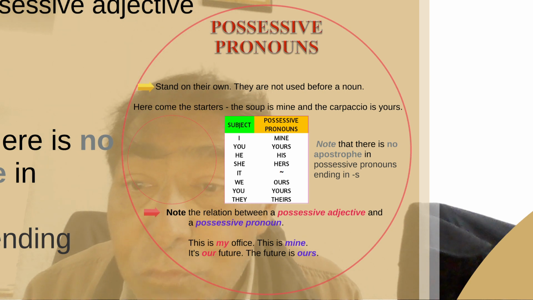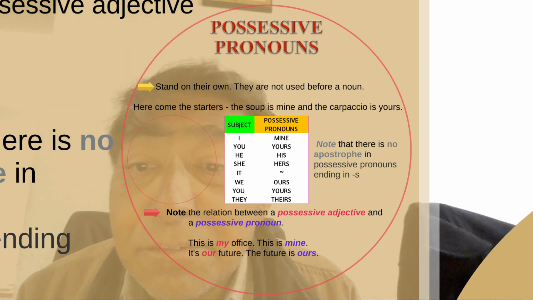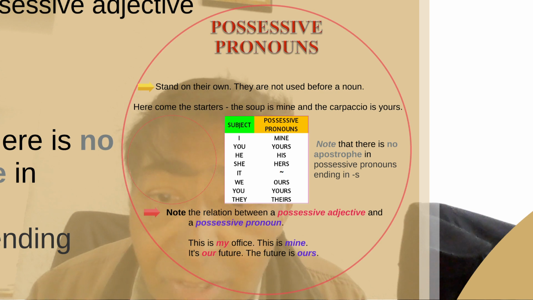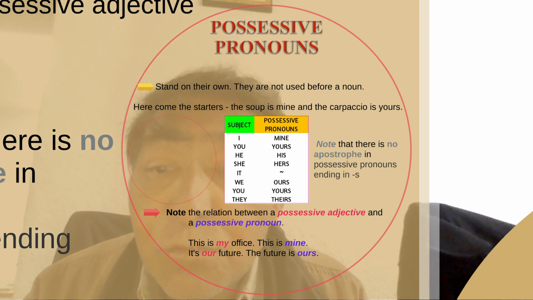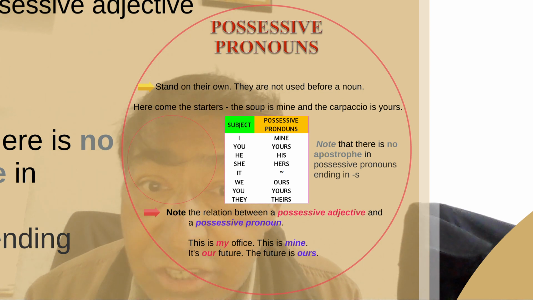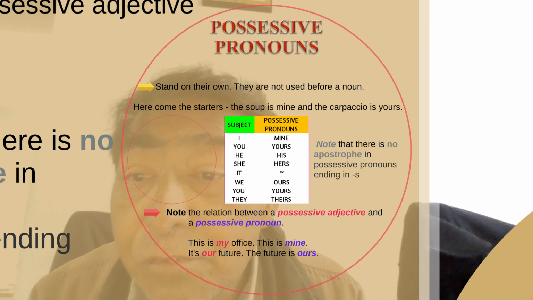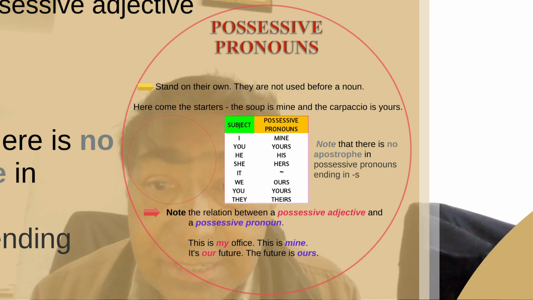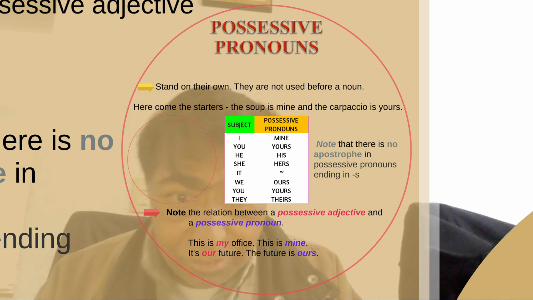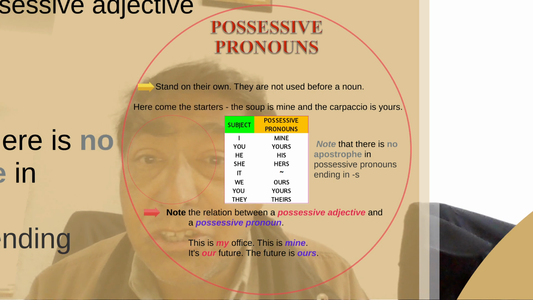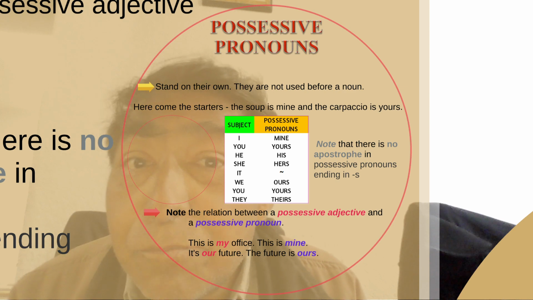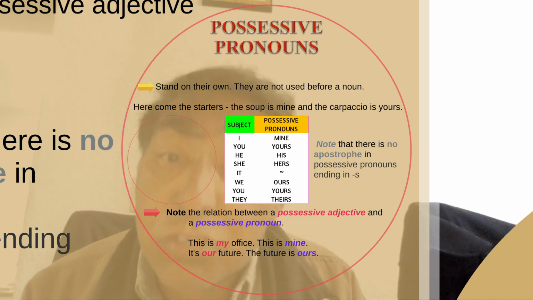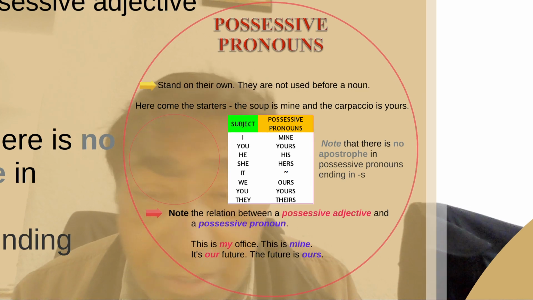This is my office. And this is mine. It is our future, possessive adjective. Our future. The future is ours. So pay attention to the relationship that they have, using the correct possessive adjectives and possessive pronouns.